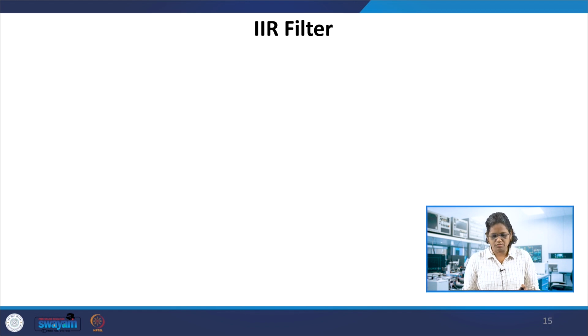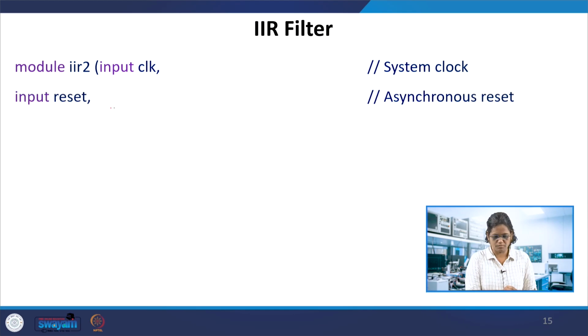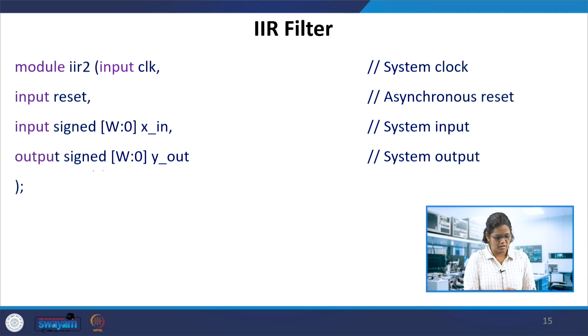So the IIR filter, now taking another example of the integrator, a lossy integrator, which is of second order here. Okay, so the IIR filter has input clock, and the reset is again reset, input xn and y out.